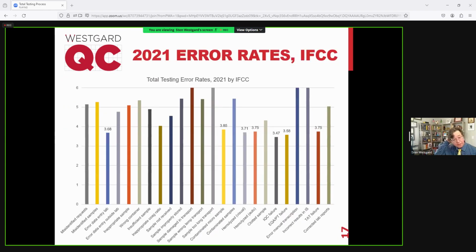Now here's, I would say this is the most recent definitive study from the IFCC working group. This group has defined very specifically all the different kinds of errors that occur in the pre-analytical phase, in the analytical phase, in the post-analytical phase.